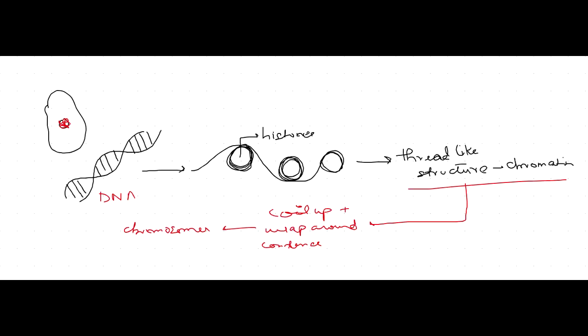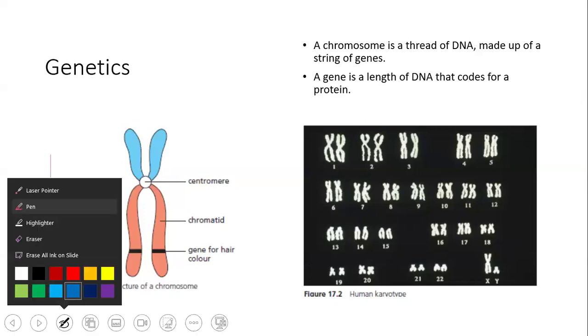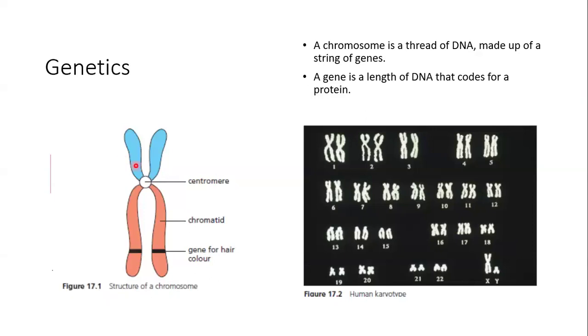Now that we know what a chromosome actually is, let's talk about the different parts of chromosomes. Okay? So when we talk about the different parts, a chromosome generally has two arms. In our chromosome, there are two parts.